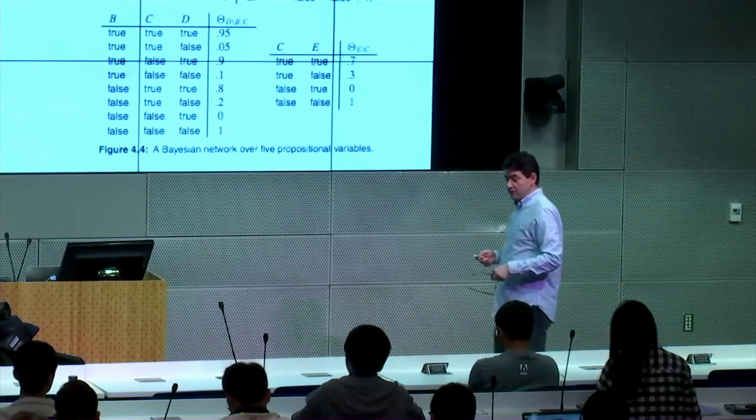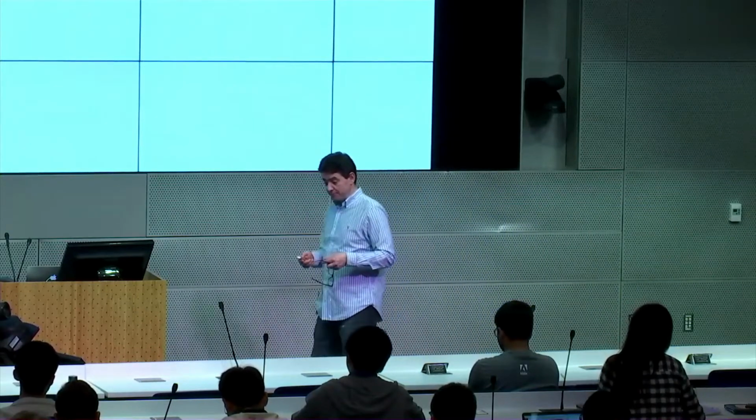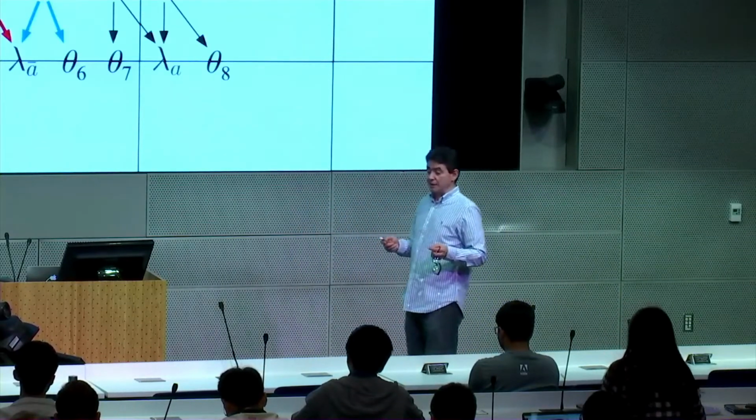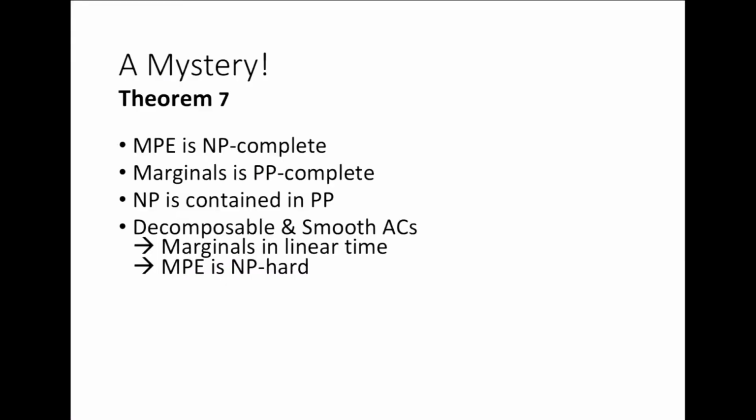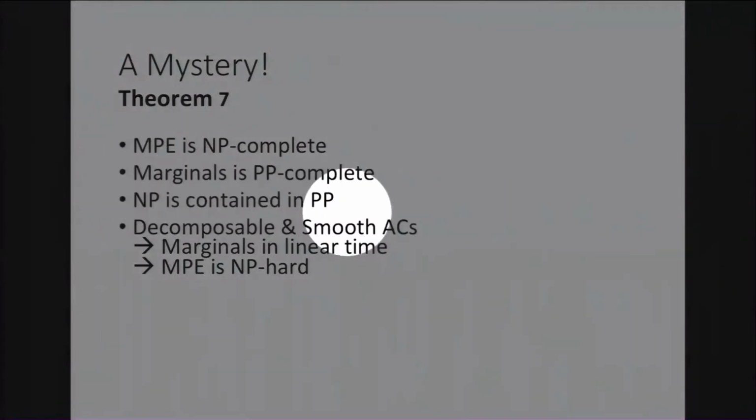The last observation is basically what we call a mystery. Now, you know that MPE is NP complete, and computing marginals is PP complete. The class NP is contained in PP. Yet, decomposable and smooth ACs allow me to do marginals in linear time, but MPE is NP hard on them.